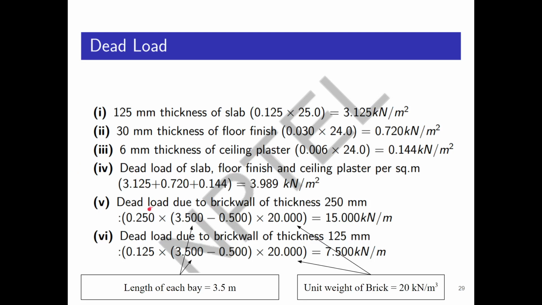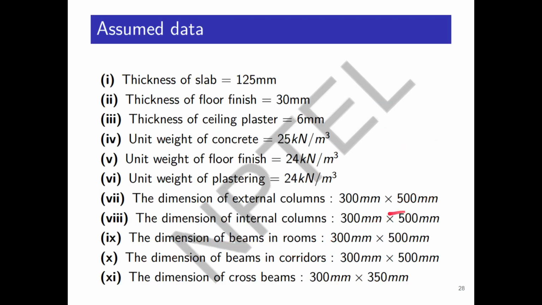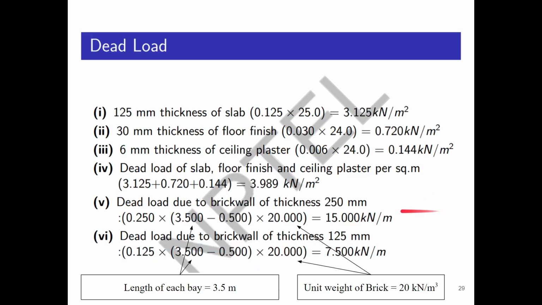And the dead load due to the brick wall, the outer brick wall basically 250 thick, will be basically 0.25 into (3.5 minus 0.5) into 20. This is because they have assumed the length of each bay as 3.5 meter. And because the dimension of your column is 500, you have to subtract half dimension of column from each column.